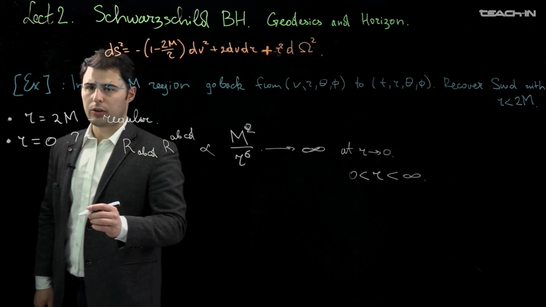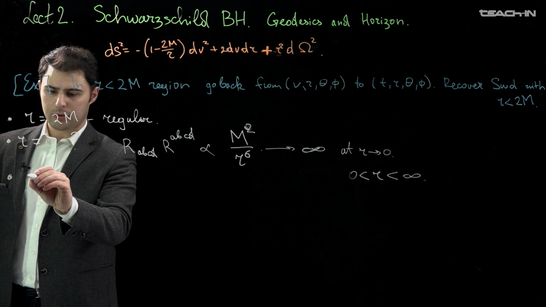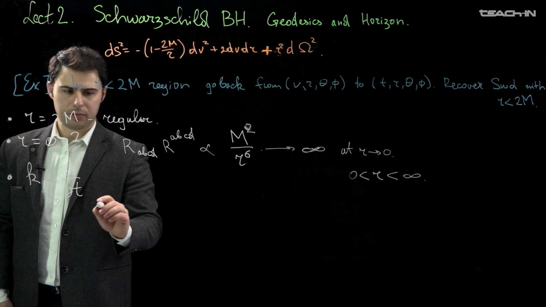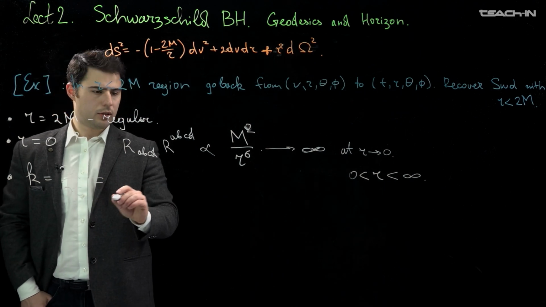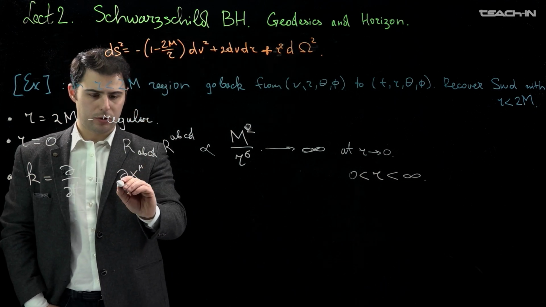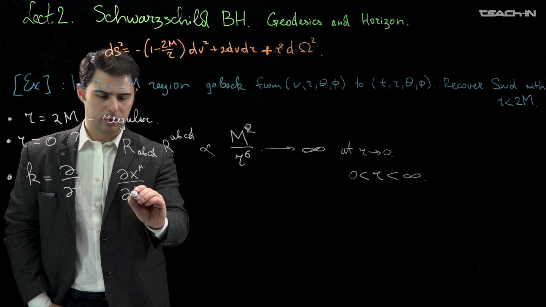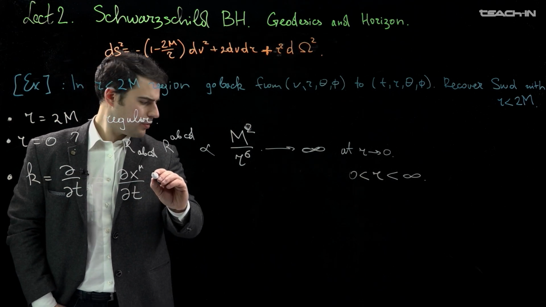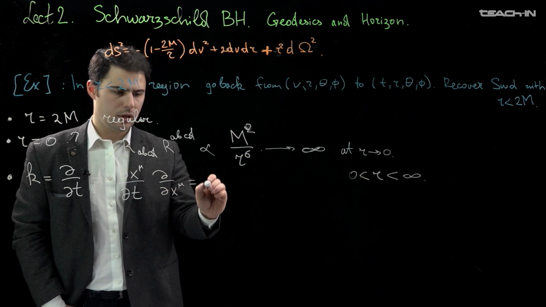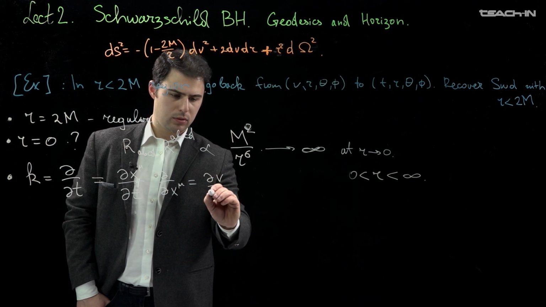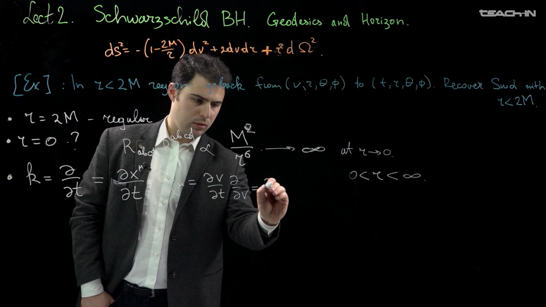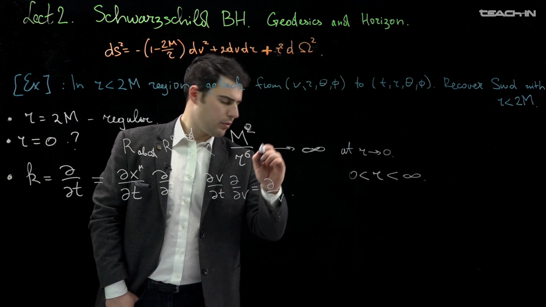So what happens with the timelike Killing field? We had k equals d over dt, and upon converting to Eddington Finkelstein coordinates, we have k equals d over dv.